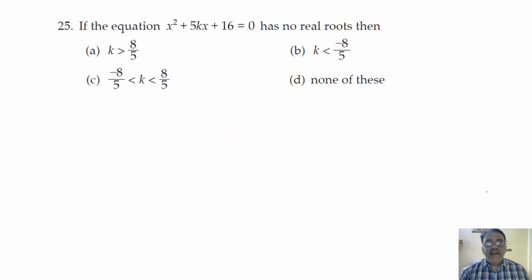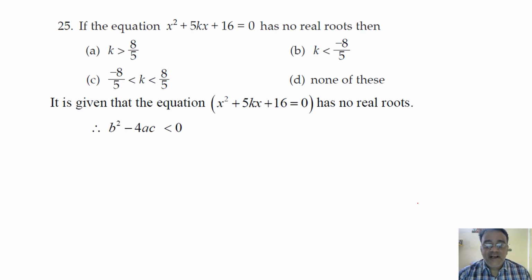Right. If the equation x square plus 5kx plus 16 is equals to 0 has no real roots, what is the condition for no real root? B square minus 4ac is less than 0. Right. अभी वहाँ greater than 0 का मैंने बताया था, less than 0 का भी वैसी example से समझाऊंगा.